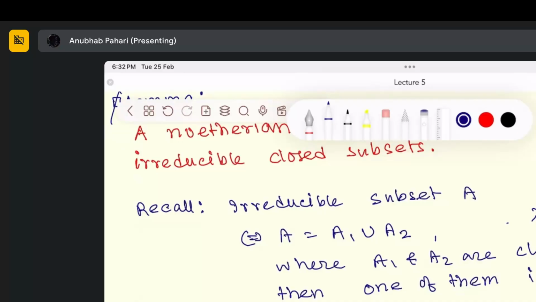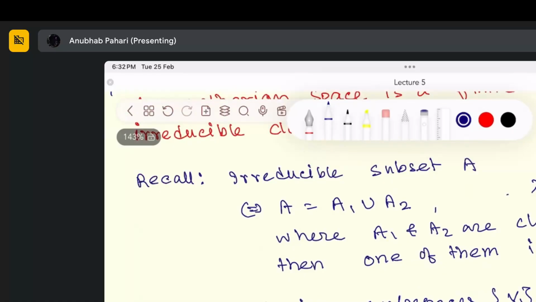One thing is clear: maximal subspaces always have to be closed, because if Y is irreducible then its closure is also irreducible.